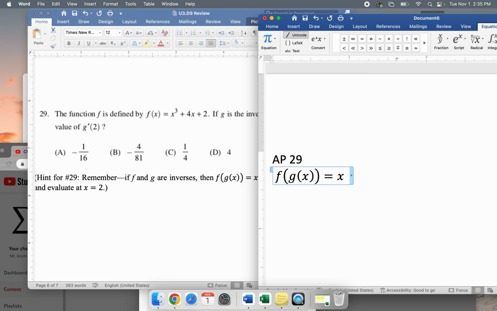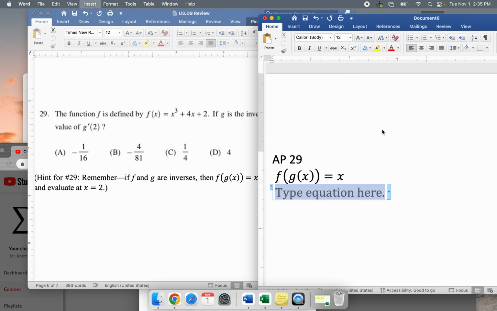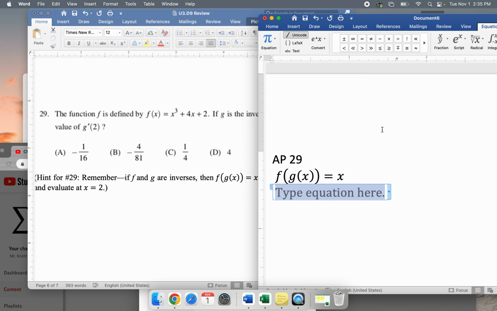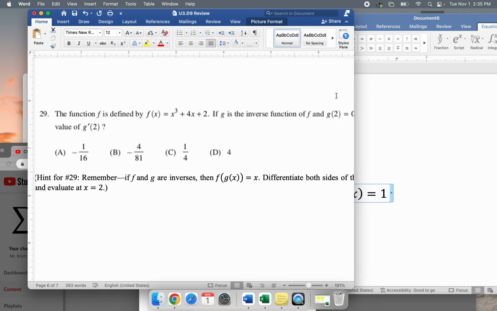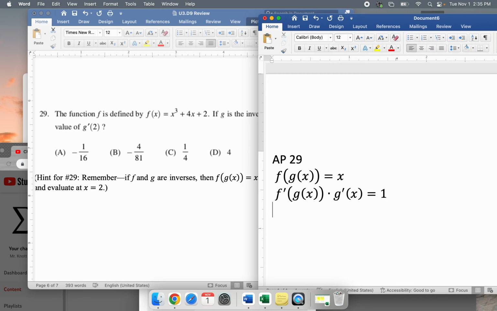Now the thing is, I can take the derivative of both sides of this equation. The derivative of the left-hand side using the chain rule is f prime of g of x times g prime of x equals 1. So there's the derivative. Of course, what is f prime of g of x? Oh, this problem's annoying. Well, I can figure out f prime, right?